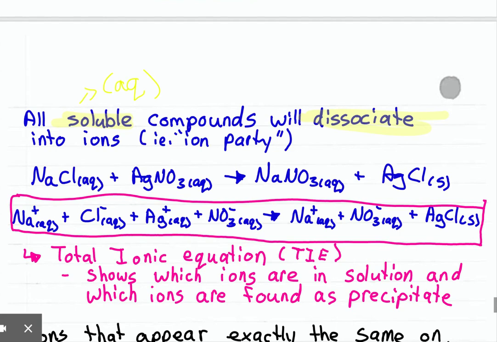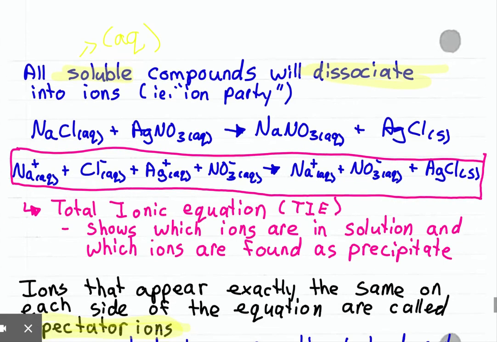It is insoluble. So it stays as solid silver chloride. Remember, the silver chloride left the ion party, the party of ions floating around in solution. It will not dissociate or separate into ions.